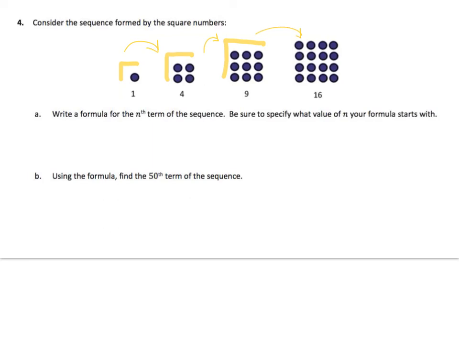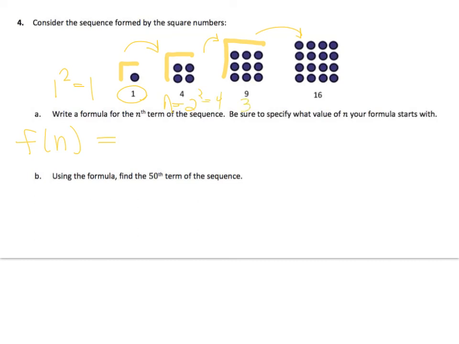Right, the nth term of the sequence, we sort of need an equation first, right? Well, if we have f of n equals, if n is 1, 1 squared is 1. If n is 2, 2 squared is 4.